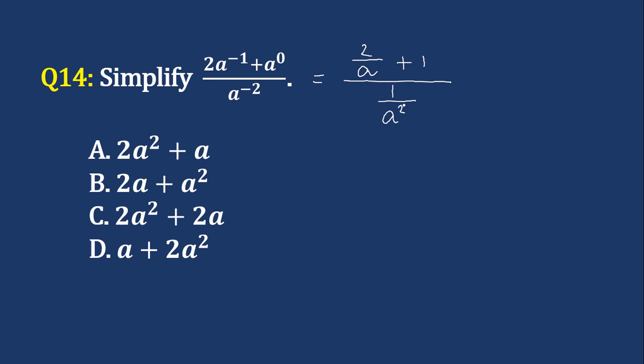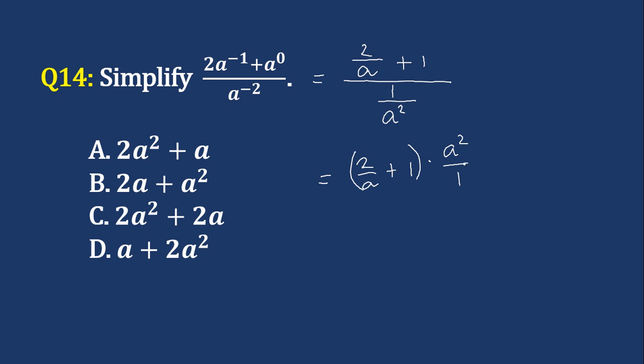Again, we are dividing an expression by a fraction. So we can copy the first expression, 2 over a plus 1. And then invert the fraction below and multiply to the first expression. So I will enclose this one by parentheses. And then 1 over a squared will become a squared over 1 because we invert it.